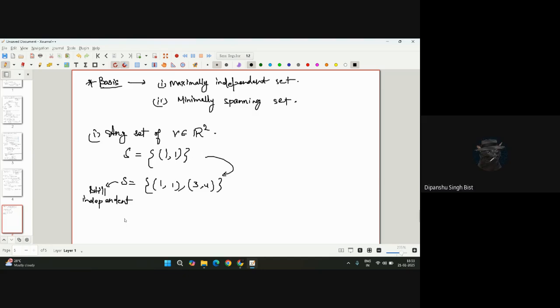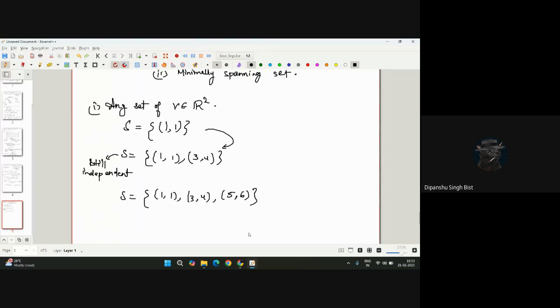Okay. Now let's try to add one more vector to it. Any other vector? 1 comma 1, 3 comma 4, and let's write any number, 5 comma 6. Now the question is, is it still independent or not? What we saw was, if you have a vector space of dimension n, then your S can contain a maximum of n independent vectors.